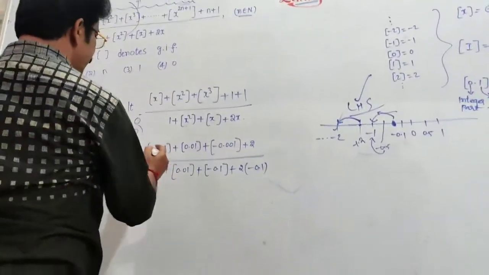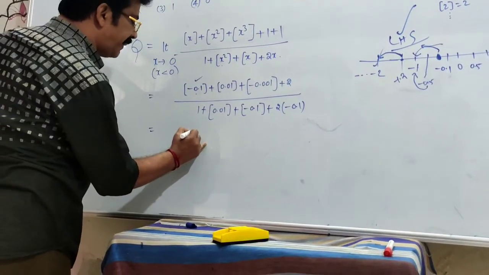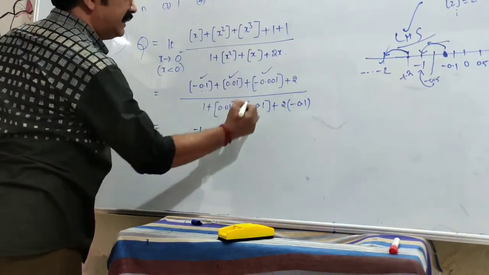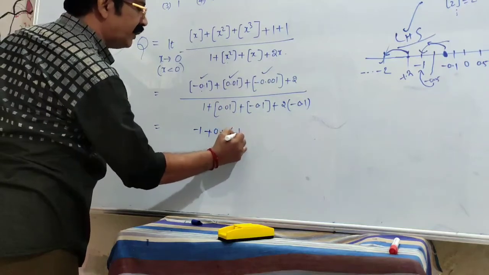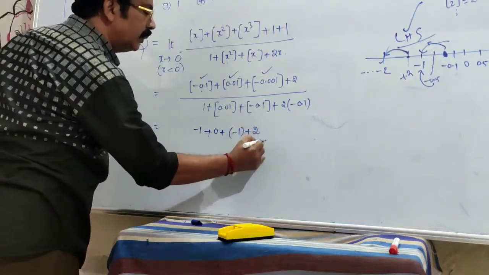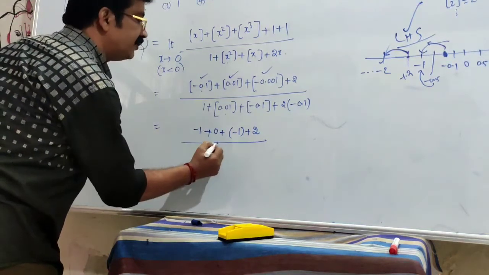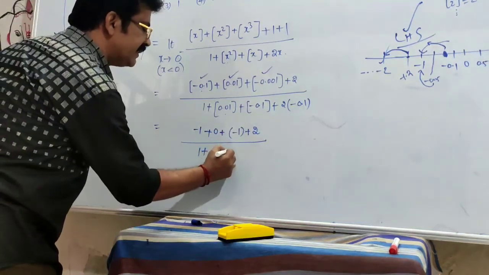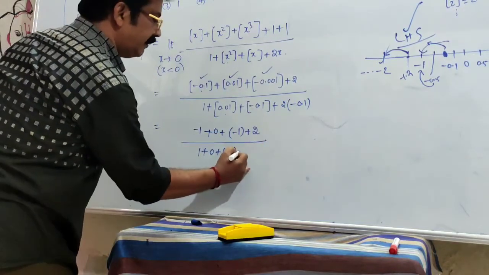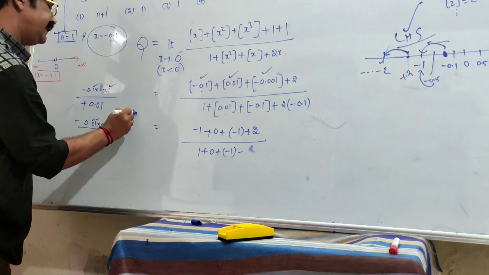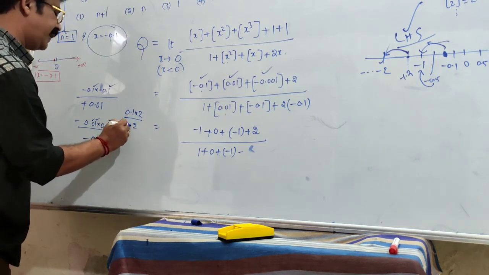So therefore, you come here. Its value is minus 1 plus its value is 0. Next, its value is minus 1 plus 2, divided by 1 plus it is 0. This is minus 1. This is minus 0.2, meaning 0.1 into 2 means 0.2.